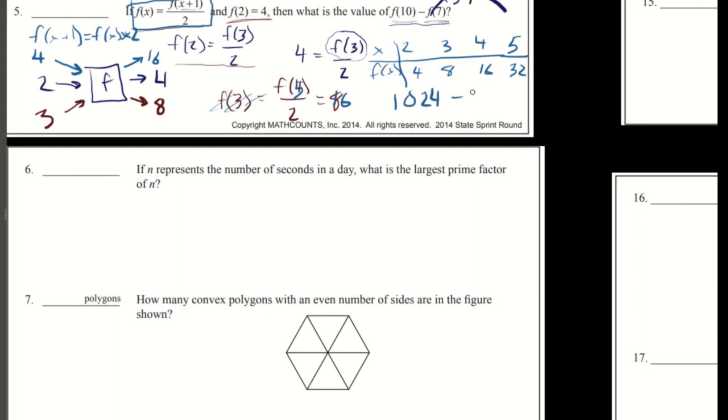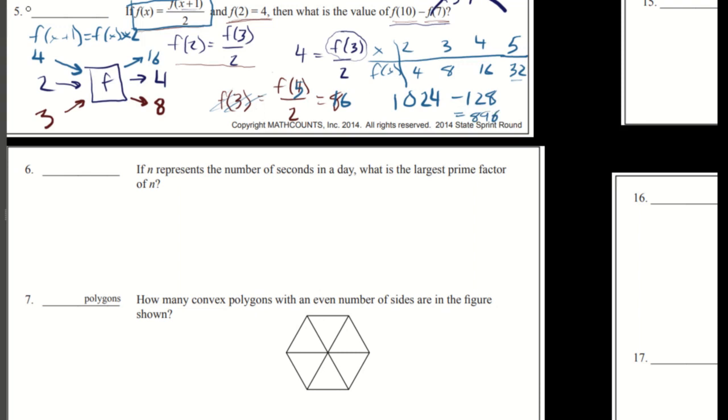Wait, yes, it does. Here's f of 5. 128. That's correct. And what's that? Somebody figure that out for me. It's going to be a little less than 900, right? Yeah. It's going to be 4 less than 900, so that's 896.